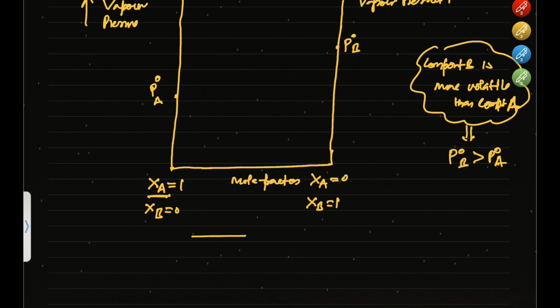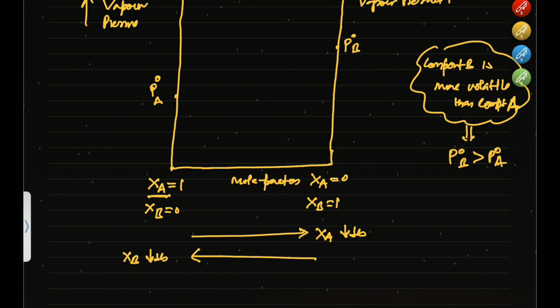As we move towards the right, the mole fraction of component A increases, and as we move left, the mole fraction of component B decreases.